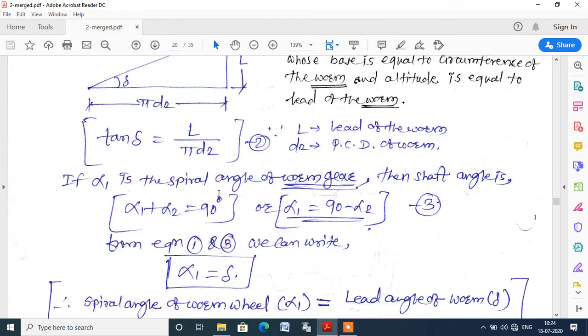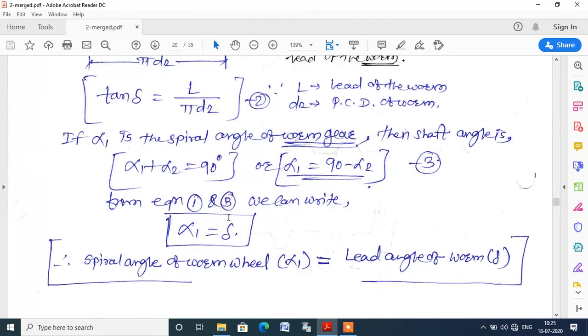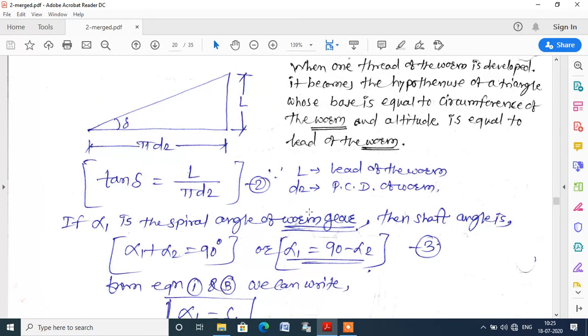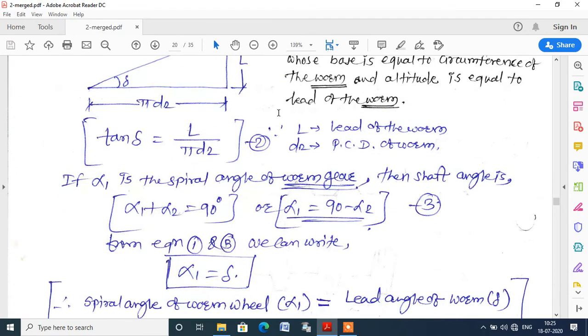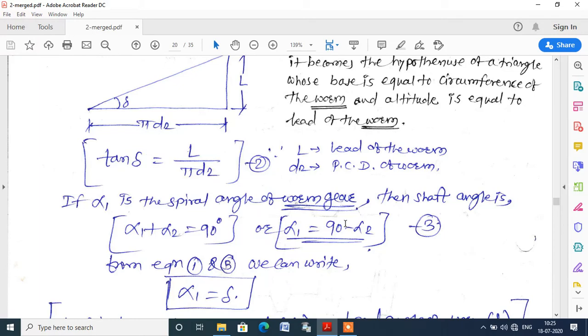Now, if alpha 1 is the spiral angle of the worm wheel, as I have told you, I have used 1 for the worm wheel and 2 for the worm. Then the shaft angle is alpha 1 plus alpha 2 equal to 90 degrees. The shaft angle theta is always 90 degrees. From equations 1 and 3, alpha 1 equal to 90 minus alpha 2.